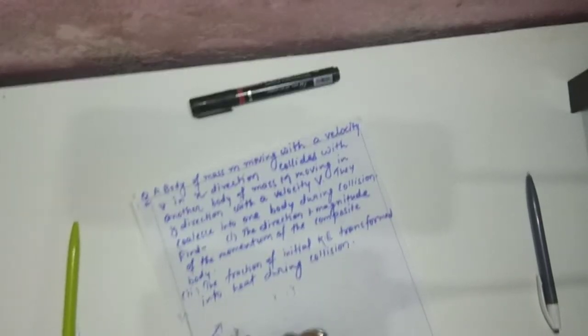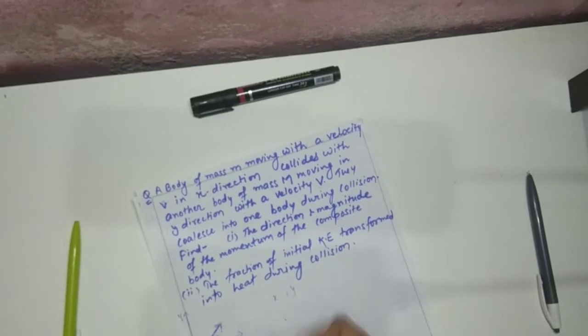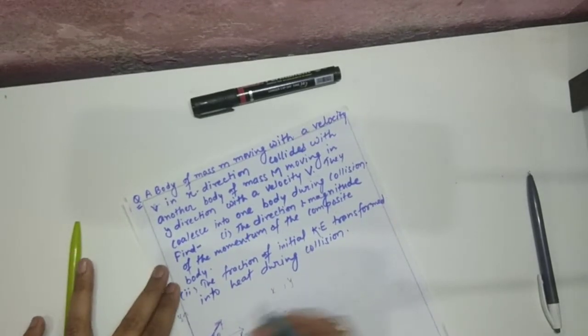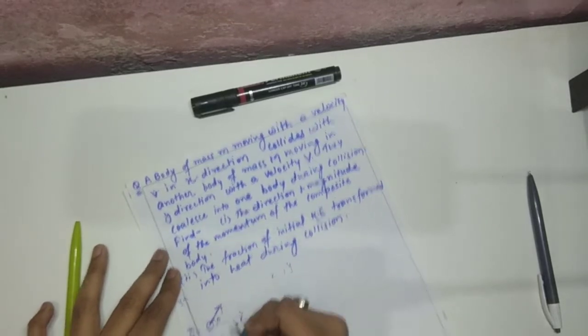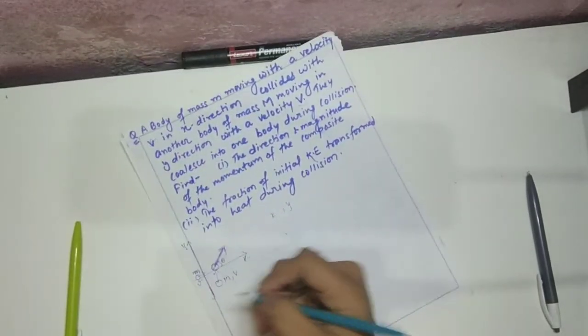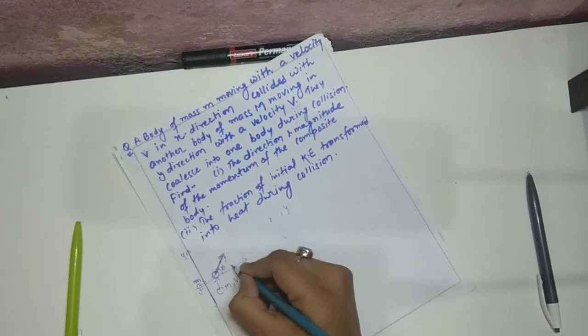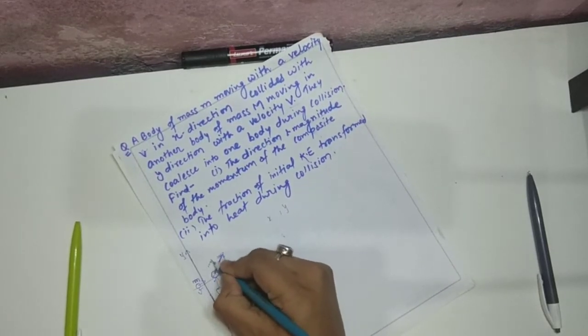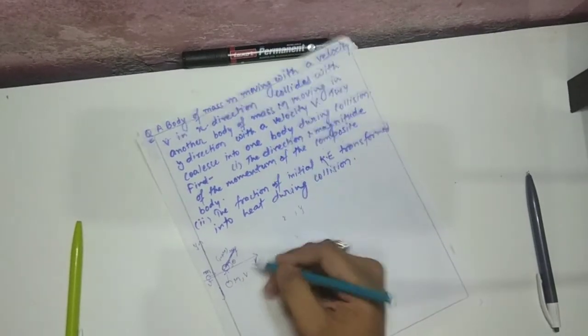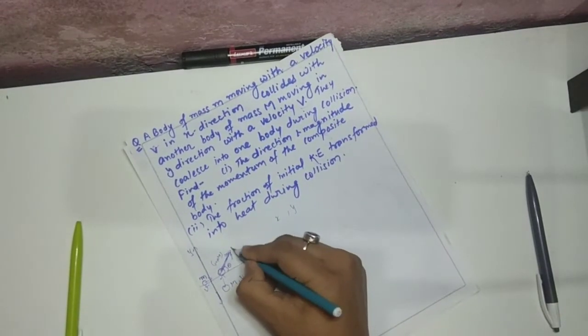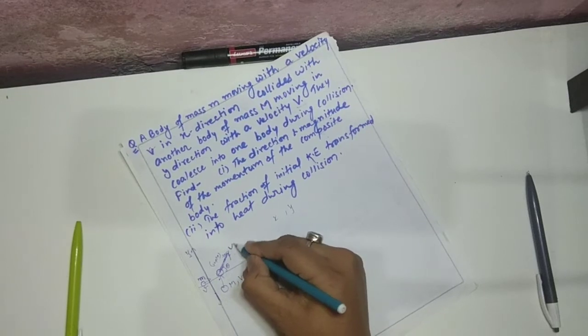It's a general intuition that the final momentum will be... the total mass of this body is m plus capital M, because they coalesce, as the question says, and we need to find its velocity.